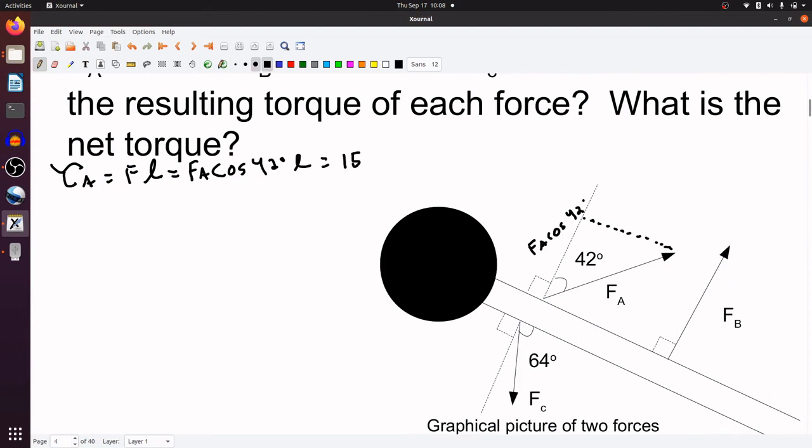So 15 newtons cosine of 42 all times its lever arm, which I believe was 25 centimeters, which means I need to put that in meters. So 0.25 meters. Okay, 15 times cosine 42 times 0.25. And that's going to give you 2 point, we'll just call it 2.8.